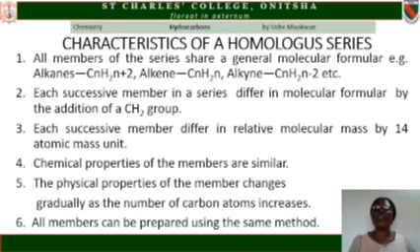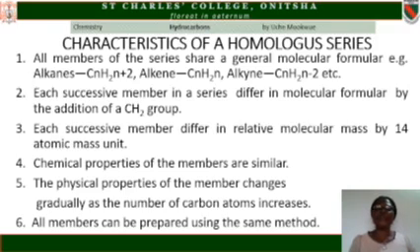Characteristics of a homologous series. Number 1, all members of the series share a general molecular formula. For example, the alkane is CnH2n+2. Alkene is CnH2n. Alkyne is CnH2n-2.